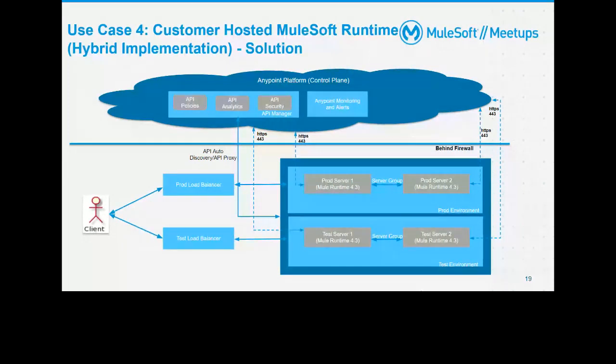We just connect both servers using the external load balancer for the HTTP listener. For the queue listener, it doesn't matter. When you deploy the application to prod server 1 and prod server 2, they both listen to the same queue, but the queue will ensure that the message goes to only one server, not both. That is the property of a queue. And as I mentioned, for applying the client ID enforcement policy on the API, we can use API auto discovery and API proxy, whichever option we like. That is one of the main differences between a server group and clustering.